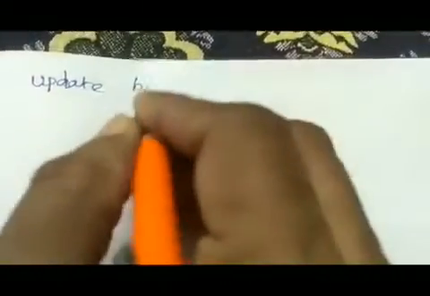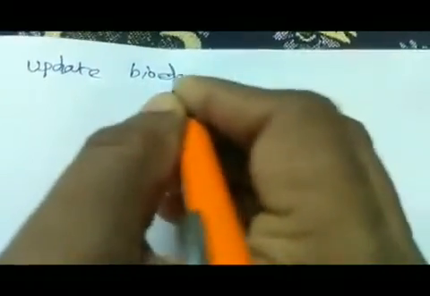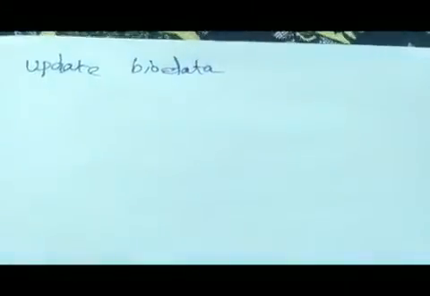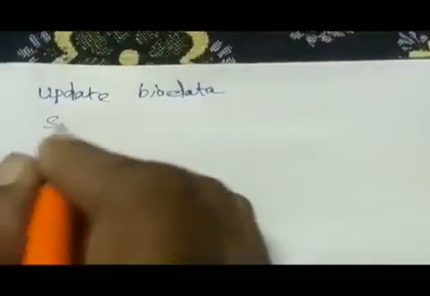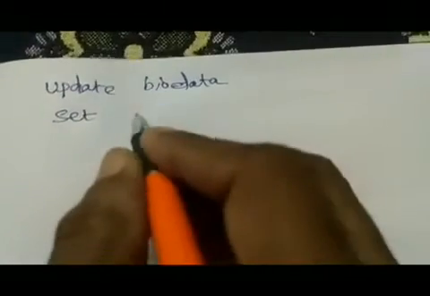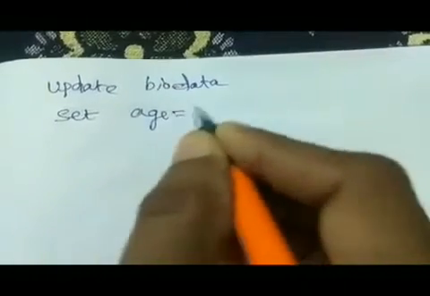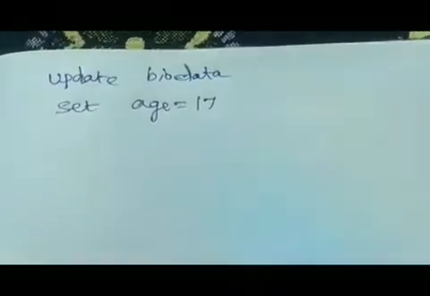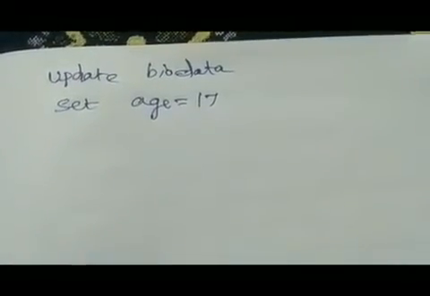What are we going to do? Update. What are we going to update? Biodata table. So update biodata. Update biodata. Set. What are we going to set? We are going to specify the new value. So how are we going to set? Age equal to 17. We are going to set age equal to 17.